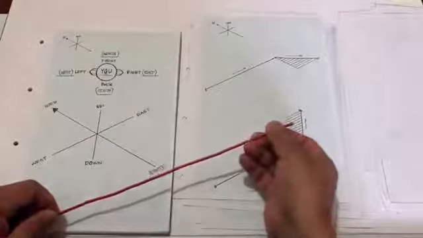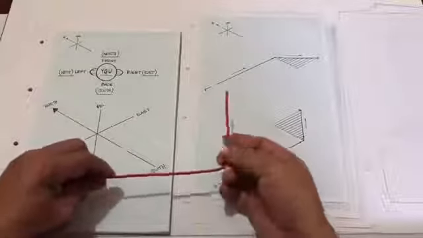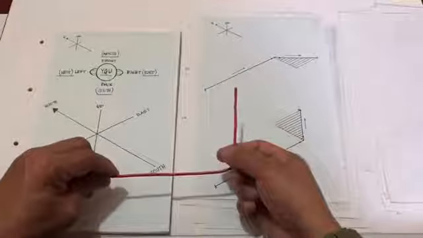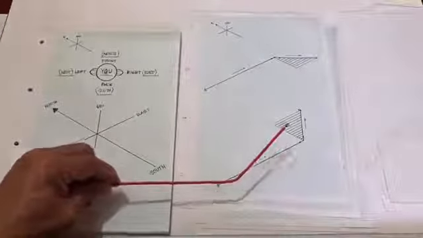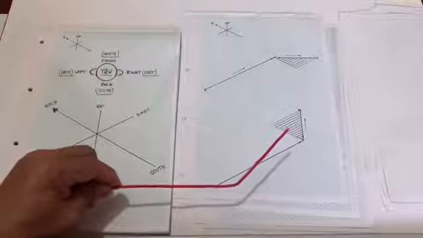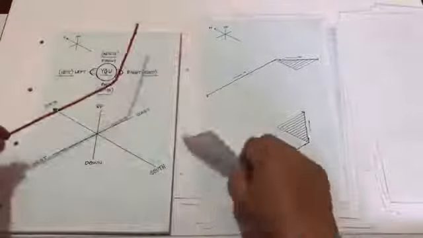So from the west to the east, it deflects to the north. Then the shadow says horizontally, it deflects to the northeast. Okay. Next.